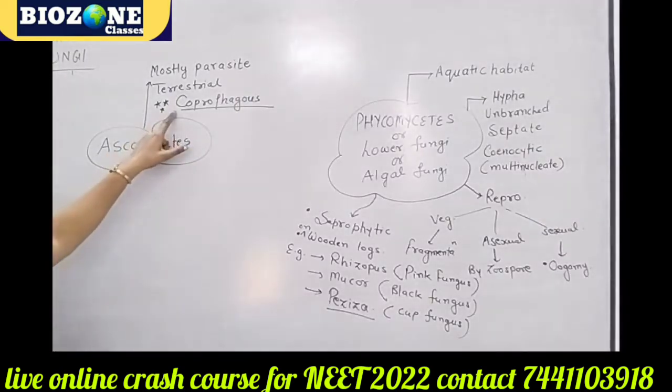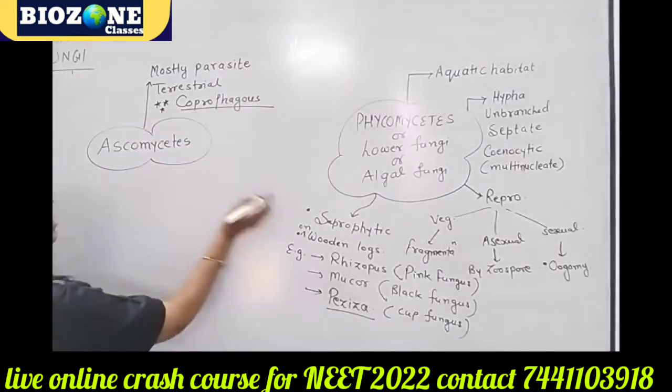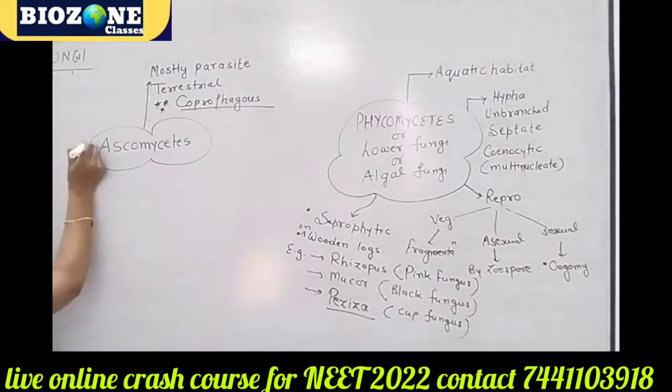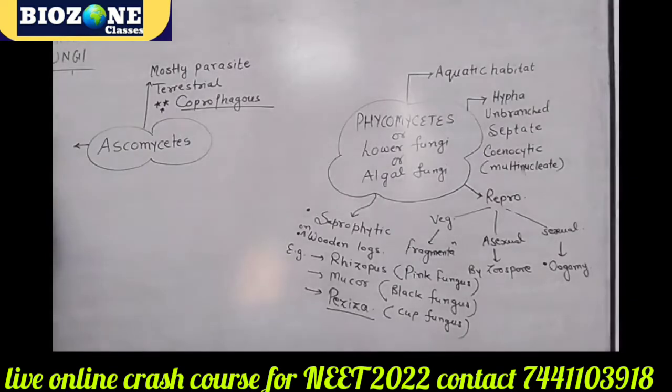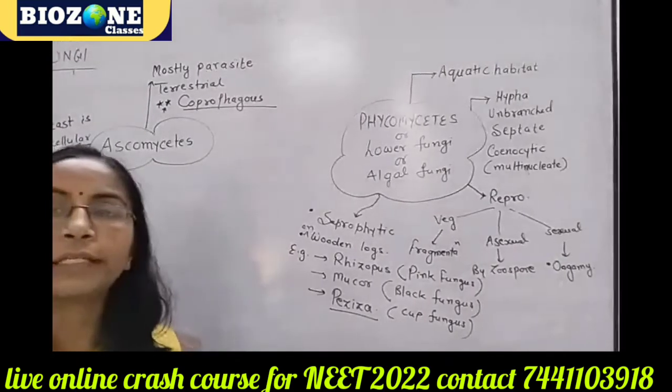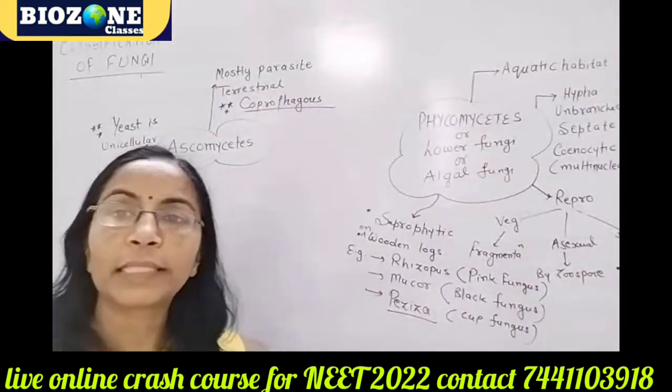Then they are commonly called as coprophagous. Exceptional condition here, you remember that fungi are generally multicellular, but yeast is a unicellular member. And Saccharomyces cerevisiae, you are studying for yeast.